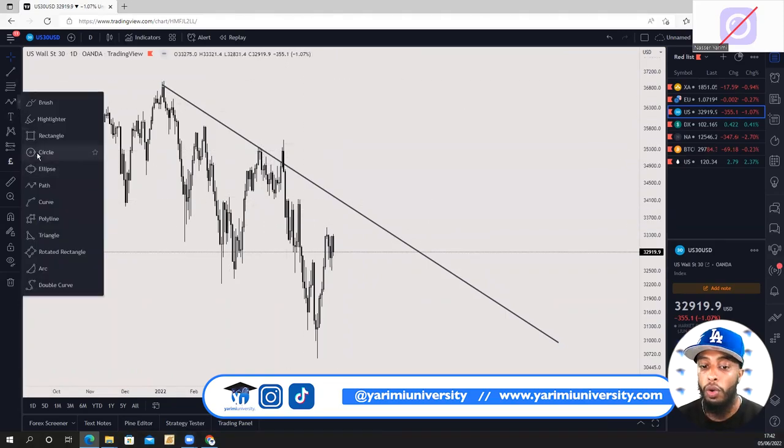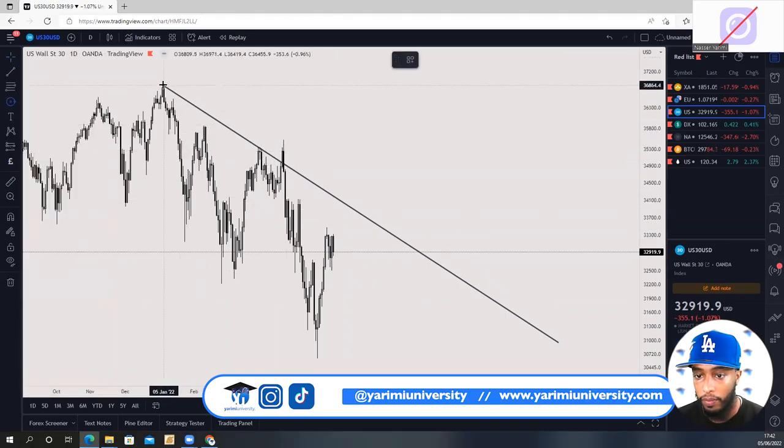You can see it won't look as neat, but what can you see, guys? This was the highest point. Price made a lower high and price made a lower low.